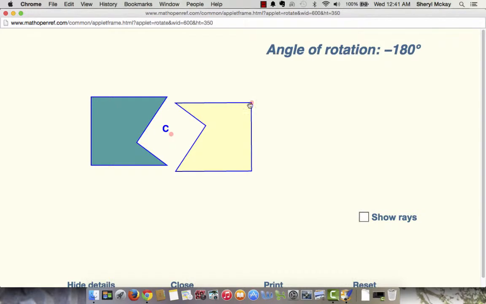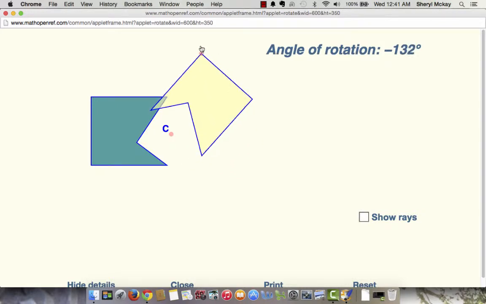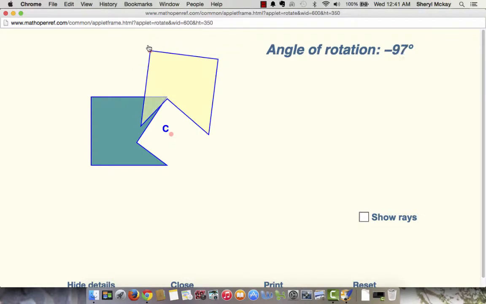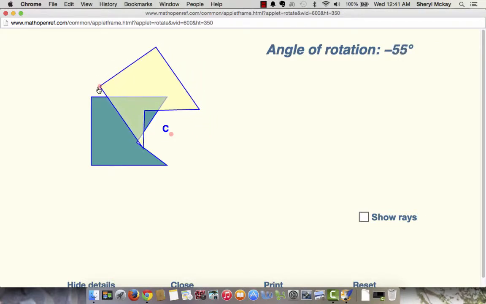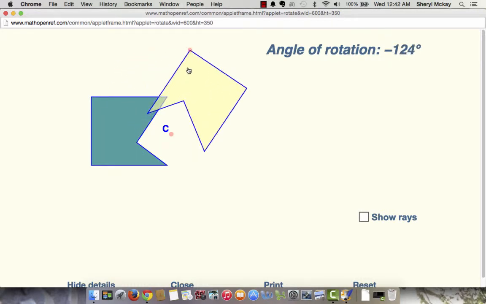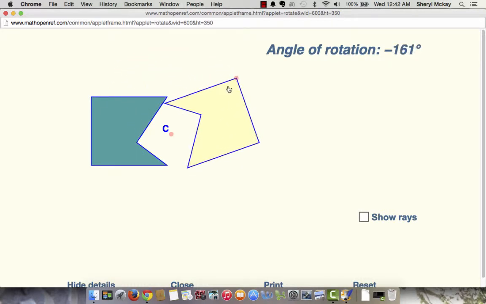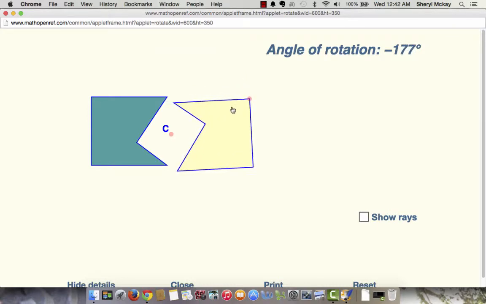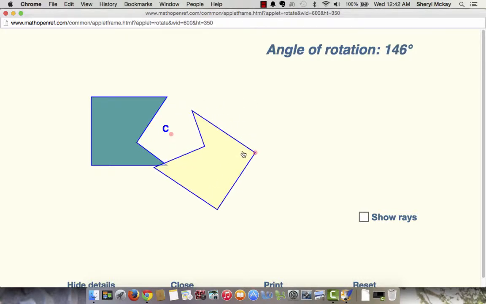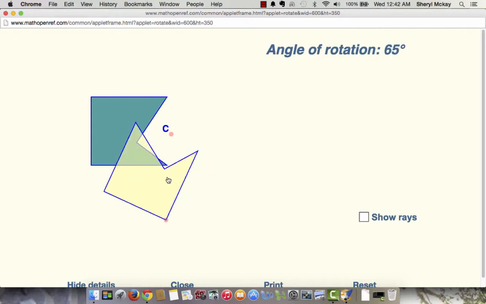Not sure why it changes it to a negative 180. I guess then as I go around, back to 0. If I go in the clockwise direction, it is the negative, and then when I get to here, it should become positive 180, but I don't know why it doesn't, but that's all right. And again, you can see that I can just keep moving it around.